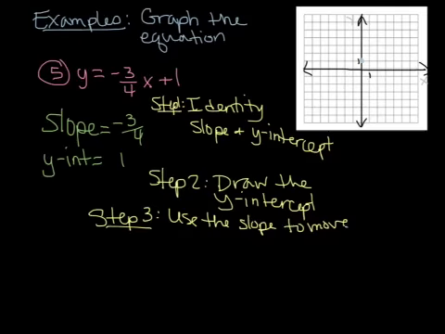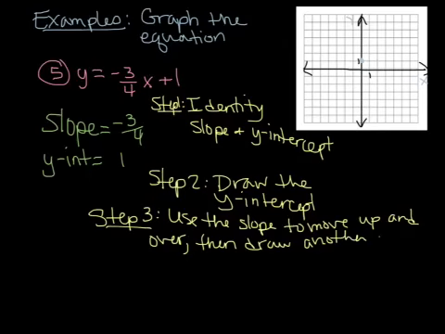To move up and over, excuse me. Once you do that, you draw a point. I'll show you what I mean in just a second. Draw point. Okay, so we know our slope is rise over run.